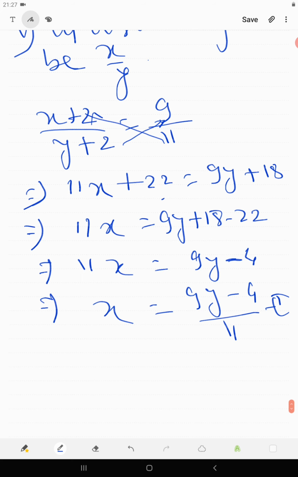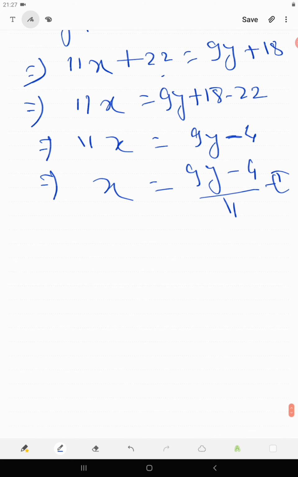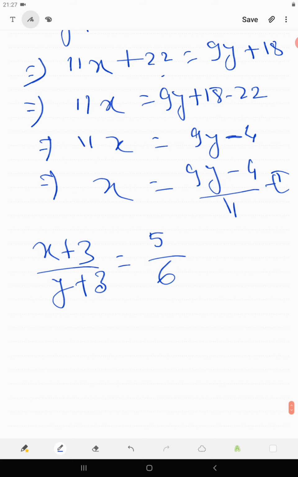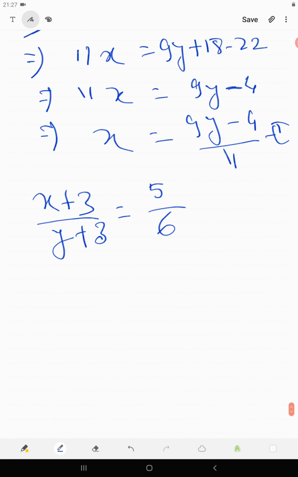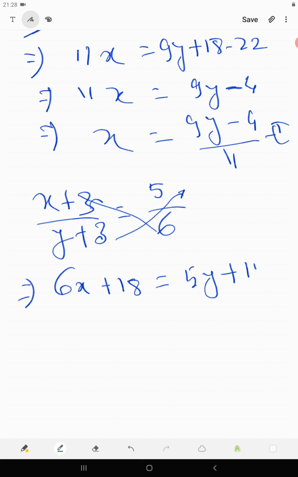Okay, we got x. Now let's see what equation 2 is telling. If 3 is added to both the numerator and denominator, it becomes 5 by 6. So x plus 3 divided by y plus 3 equals 5 by 6. Okay. So again cross multiplication. 6 will be multiplied with this, y will go over here. So 6x plus 18 equals 5y plus 15.